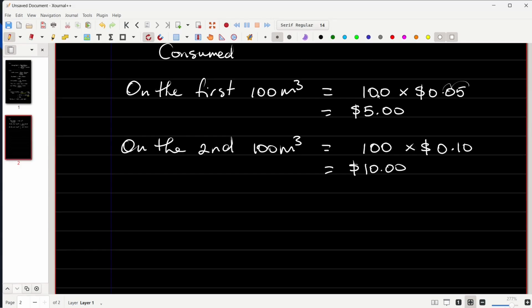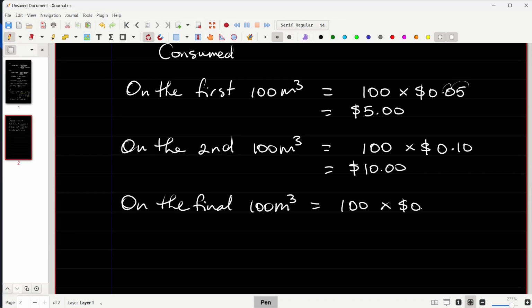Let's go to the final one now. Anything above 200. So on the final 100 cubic meters, we're going to be charged 15 cents. So that's 100 times 15. And we get $15.